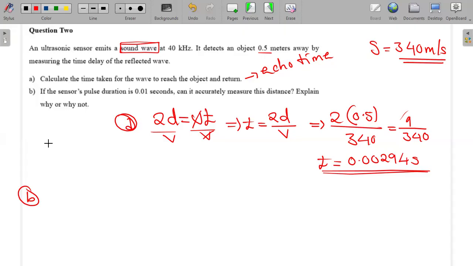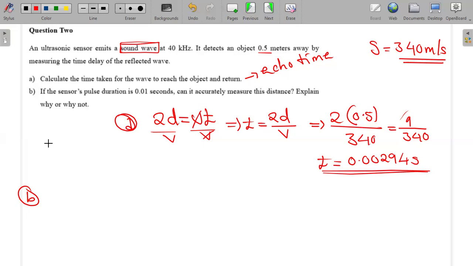Okay, so when it comes to these sensors in ultrasonic imaging, this sensor that they've given us has a pulse duration of 0.01 seconds. Now, what does this mean?